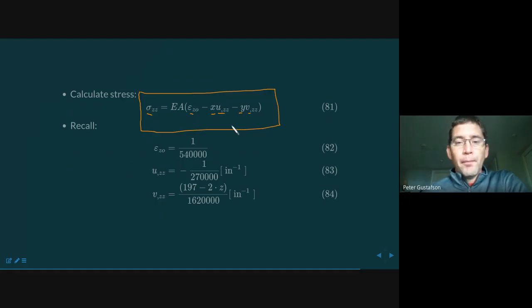Where did it come from? It came from the assumed displacement field of the reference line. I should say the assumed displacement field of the entire beam, which is assumed to be directly attributable to the reference line deflections. Remember, that was the idea of plane sections remain plane and they remain perpendicular to the reference line.